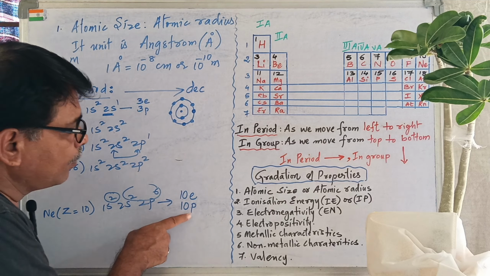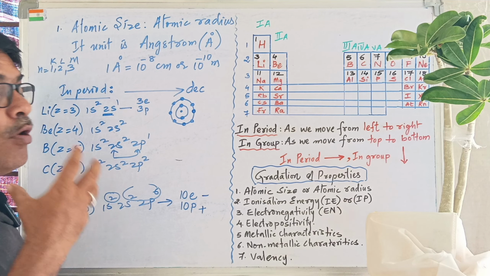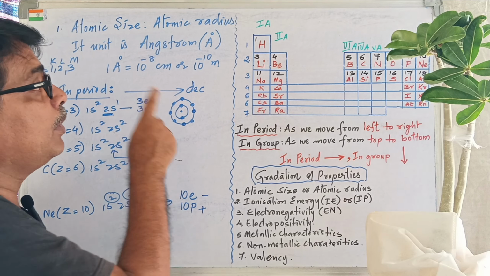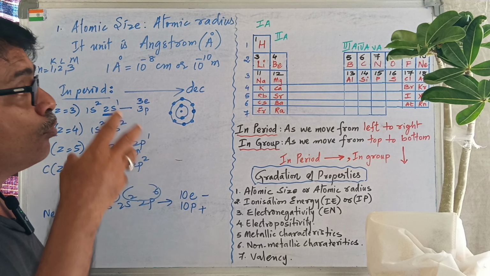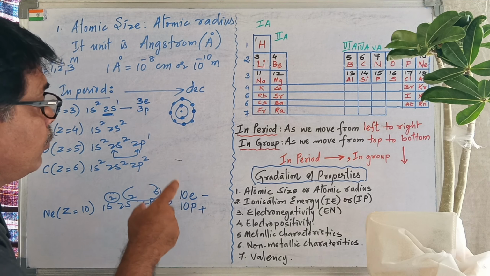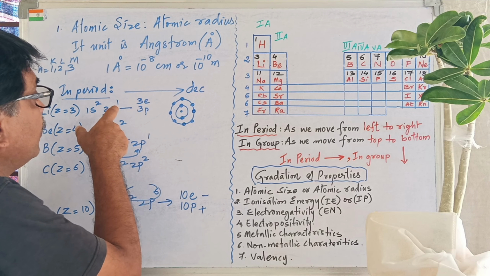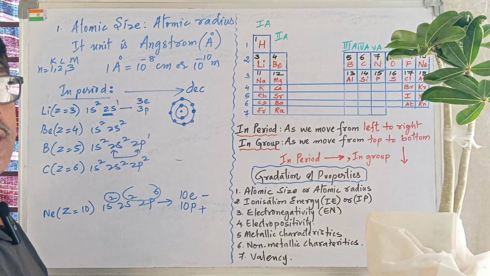Just imagine, protons are positive charge, electrons are negative charge. How much positive charge has increased from lithium to neon? So much, right? 8 units of proton have increased from lithium to neon.